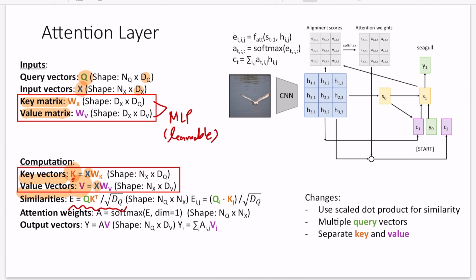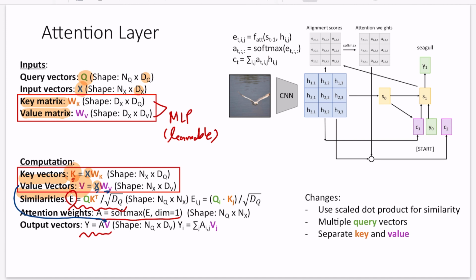Then you can just compute the similarity between each query vector and each key vector, and apply the softmax function. To measure the final output Y, rather than considering the X directly, here we just use the value vector, which is the projected version of X with a linear projection layer W, right?